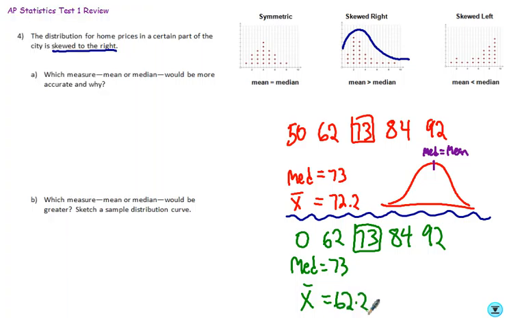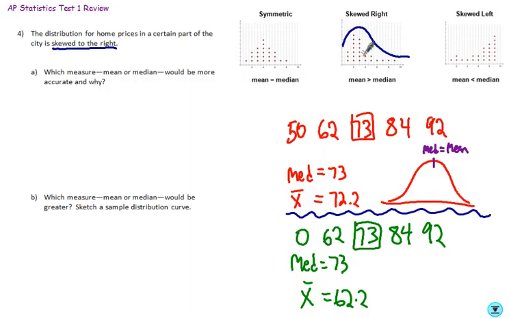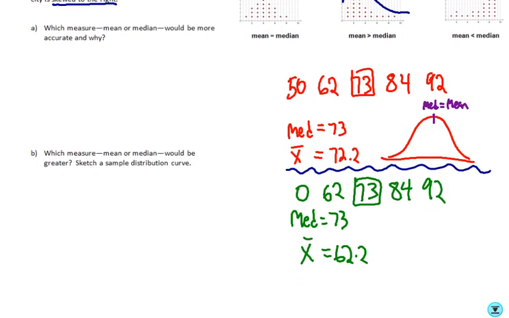So if the mean and median are equal, we have this nice symmetric curve. But where we get this idea of something being skewed right or skewed left is the average.